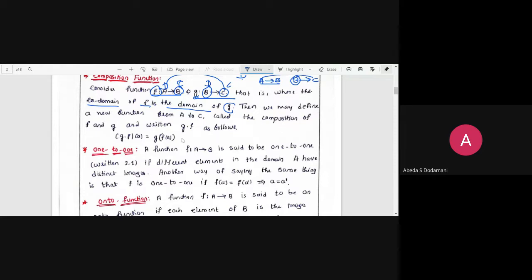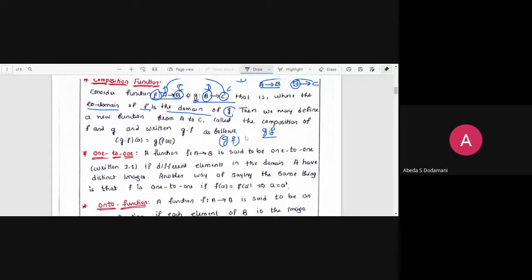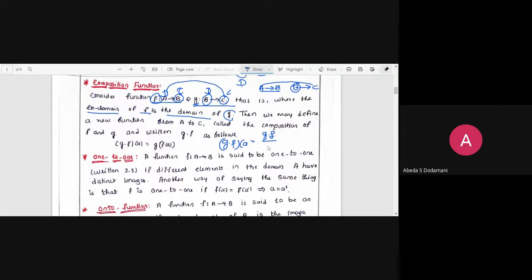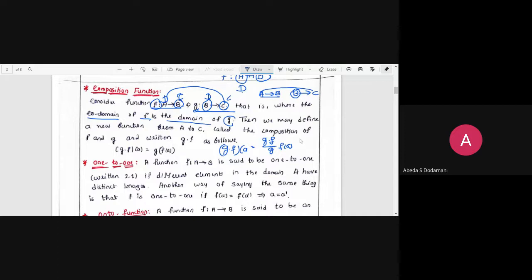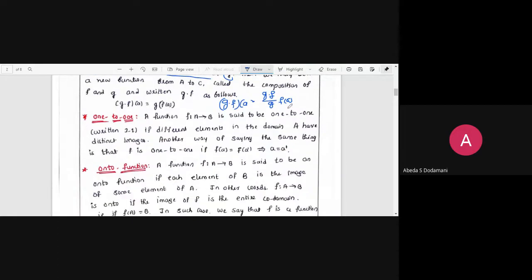It is written as g dot f and it is defined as (g dot f)(a) equals g of f of a. So we can define it this way. This is the composition of f and g, we read it as composition of f and g, but we write it as g dot f. Please remember.